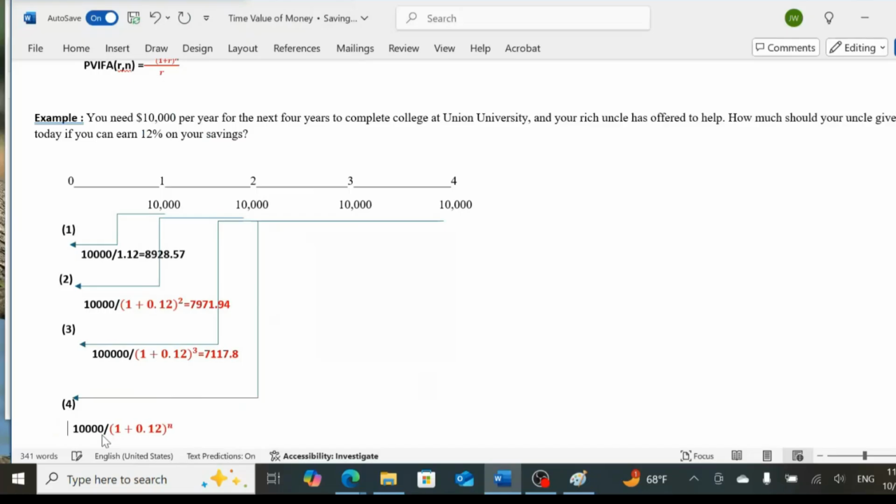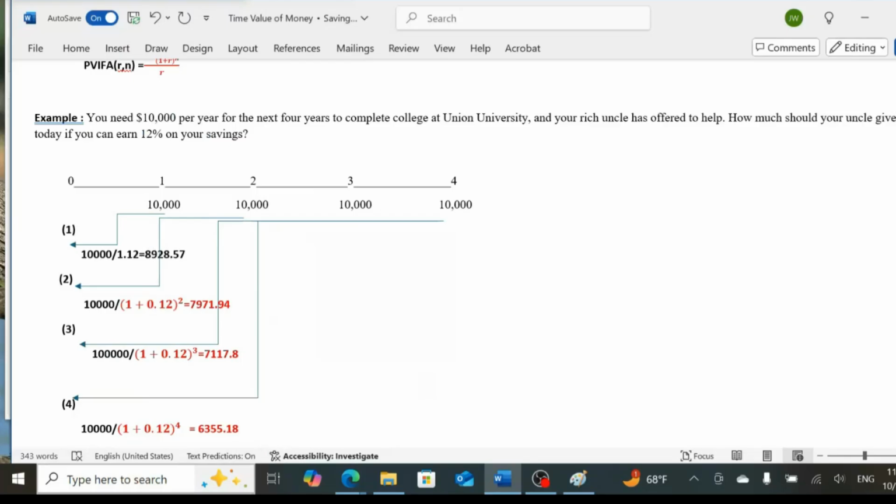So we discount this, and we find the present value of $10,000 in year 4 is 6355.18. Then we add them together.